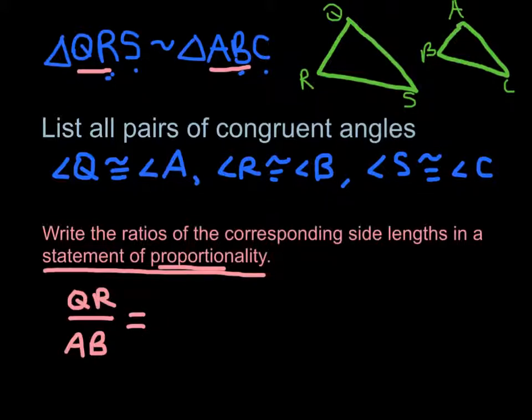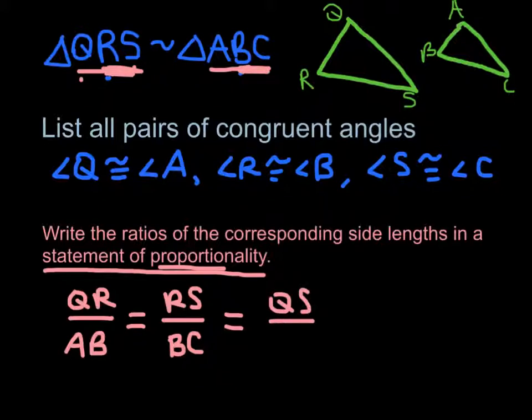So that ratio is equal to another one. Looking back up top here at our similarity statement, we have RS and BC. So RS is to BC. And then the last one will go QS.